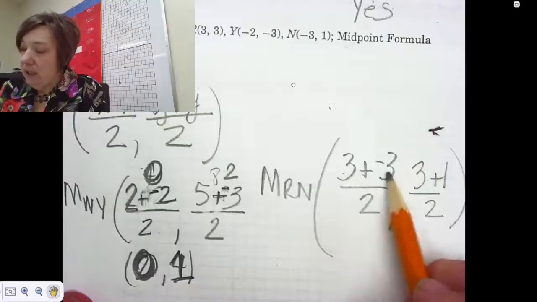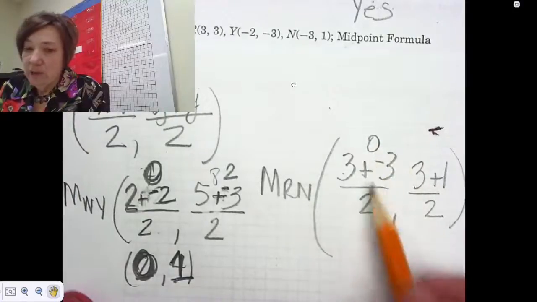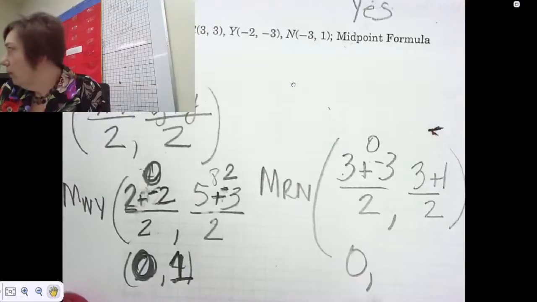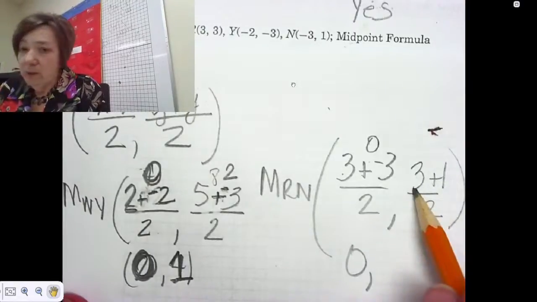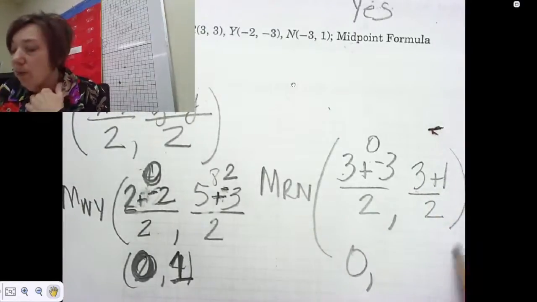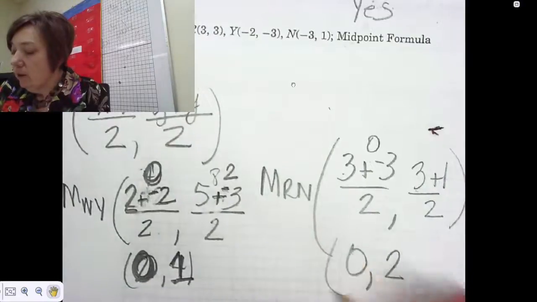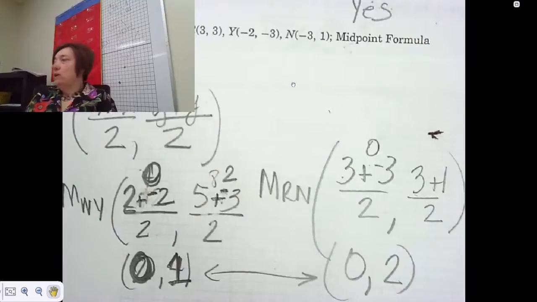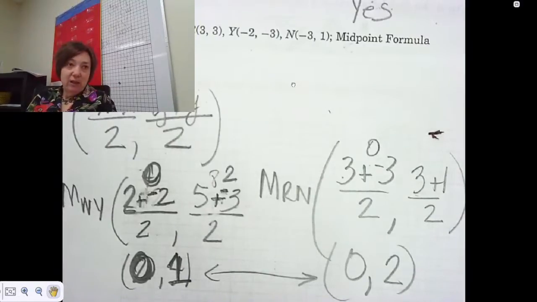So 3 and negative 3 makes 0. 0 divided by 2 is 0. It looks good so far, don't it? But then look here. What's 3 plus 1? 4 divided by 2. Are these the same? They are not the same, which means they don't have the same midpoint, which means they don't bisect each other, which means it's not a parallelogram.